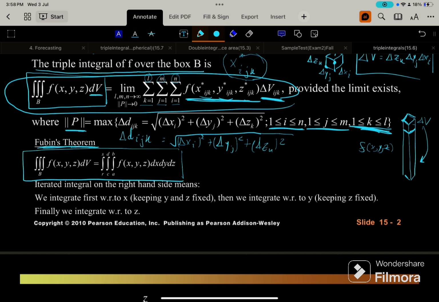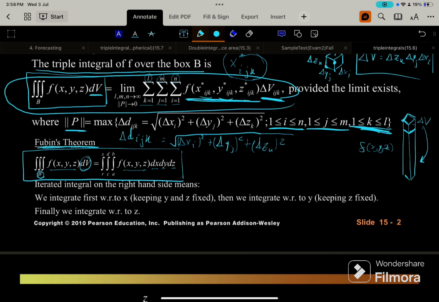So Fubini's theorem states that the triple integral of a function over a box B, dV, is basically the triple integral of that same function over the expanded differential dx, dy, dz, taken at the boundaries of this box that we are integrating about.